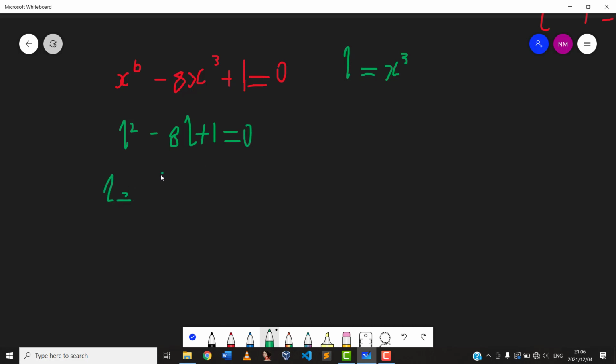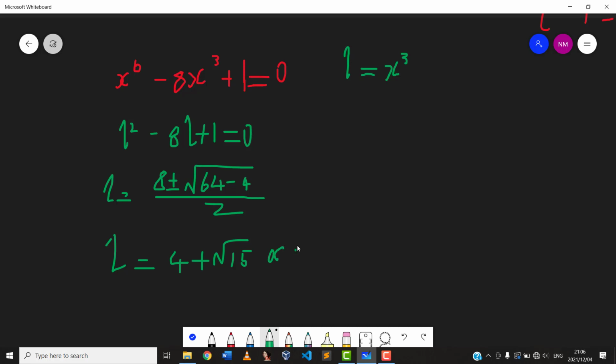L equals, and then L will ultimately equal 4 plus square root of 15, or L equals 4 minus square root of 15.